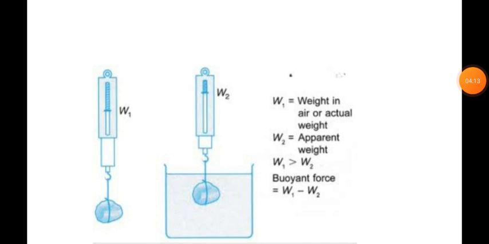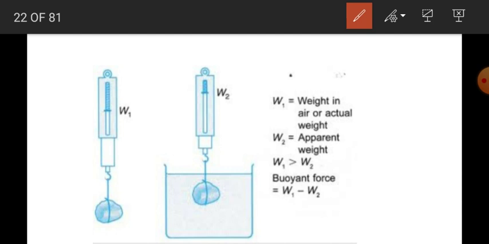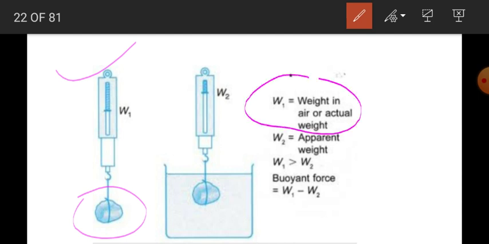Now there is one more formula using which we can calculate the upthrust. That is in terms of true weight and apparent weight. So as you can see here, the stone is tied to that spring balance using the thread. So this is the true weight, weight in air. We call it true weight or actual weight.